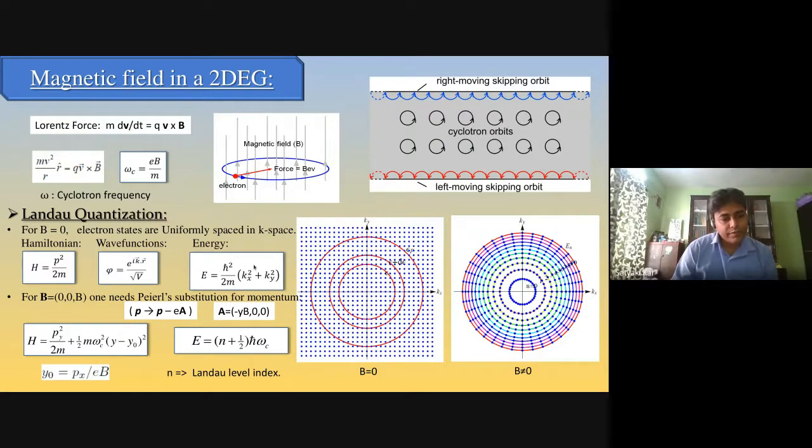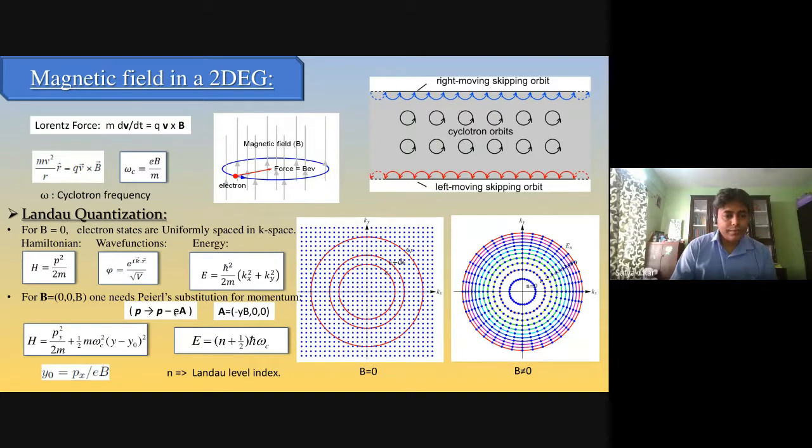Now, if the magnetic field is applied perpendicular to the plane, then there is something called Peierls substitution, or the generalized momentum that we have to consider, by which p changes to p minus eA, where A is the magnetic vector potential and e the charge.